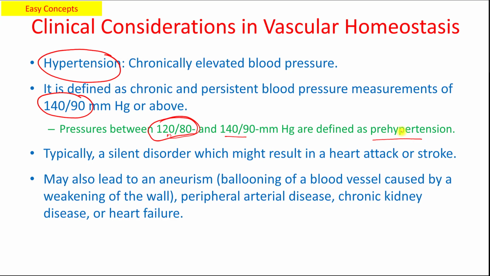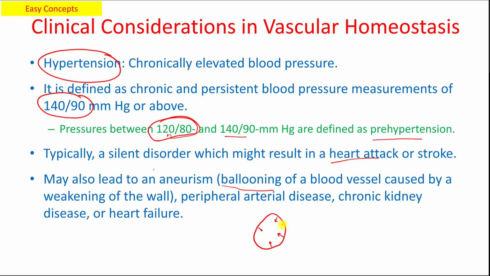Now, hypertension by itself does not cause any symptoms. Okay, that's why sometimes it's called the silent disease, because suddenly it will attack. Suddenly it will cause a heart attack or stroke. Some other problems with hypertension is the ballooning of the blood vessels, so they will expand, but their ability to recoil is reduced because they are constantly expanded.